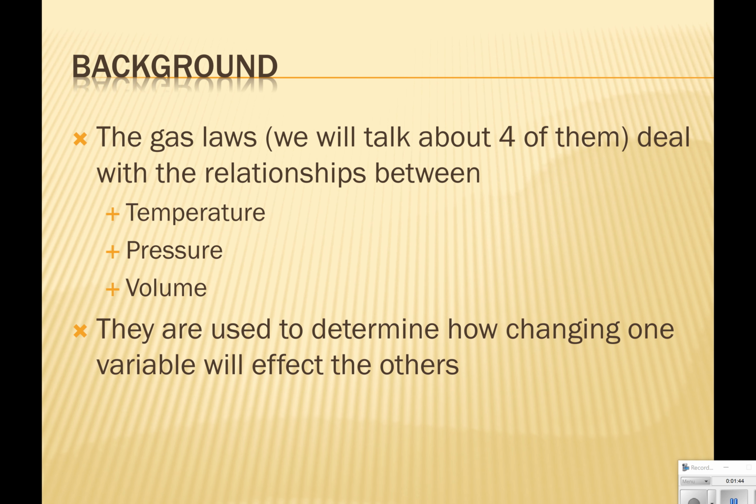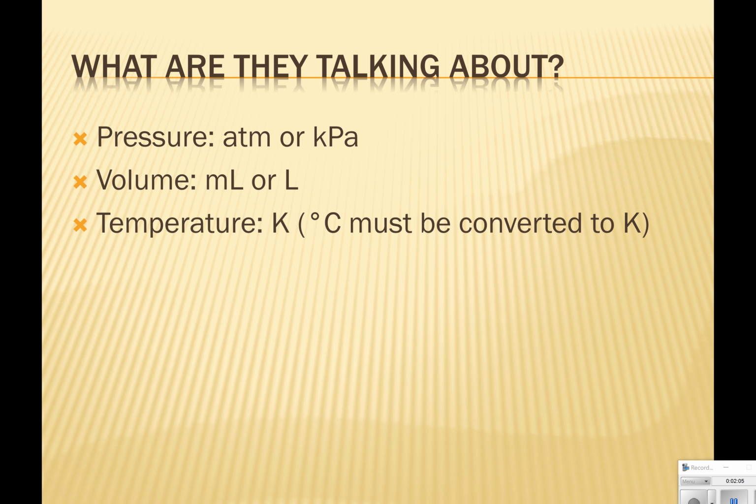So today we're going to be taking a look at 4 different gas laws, and they deal with relationships between temperature, pressure, and volume of a gas, indicated by a capital T, a capital P, and a capital V. And these gas laws are going to be used to determine how changing one variable is going to affect the others. Now, when we're talking about pressure, we'll come across 2 different units of pressure, atmospheres and kilopascals.